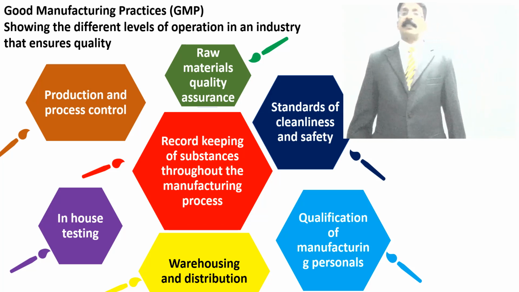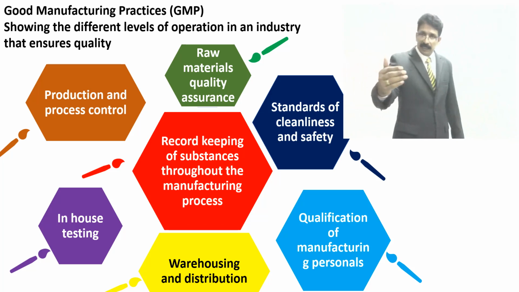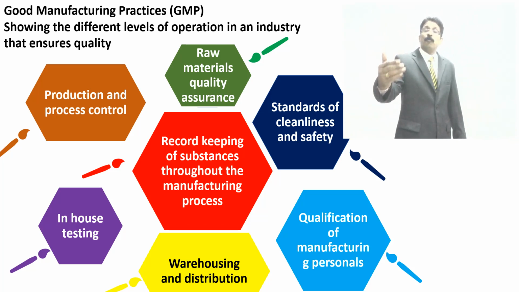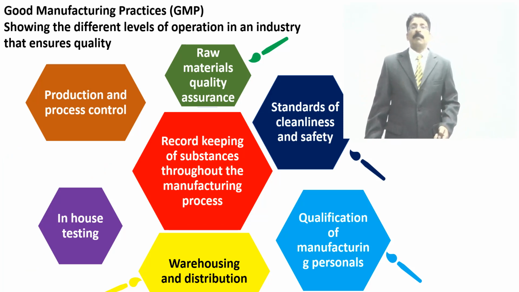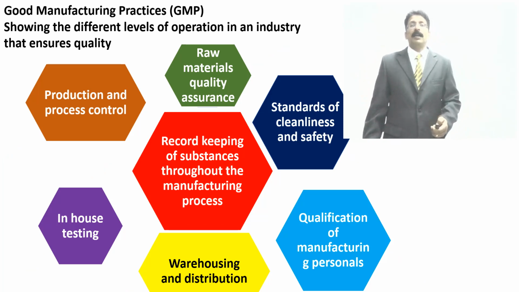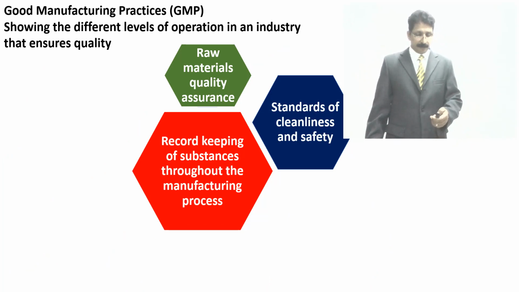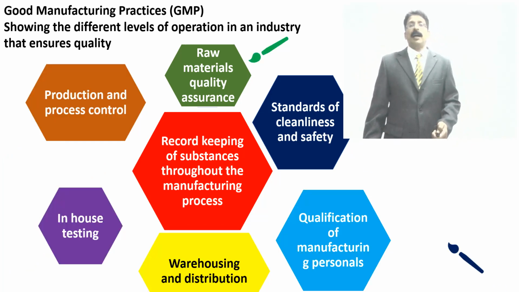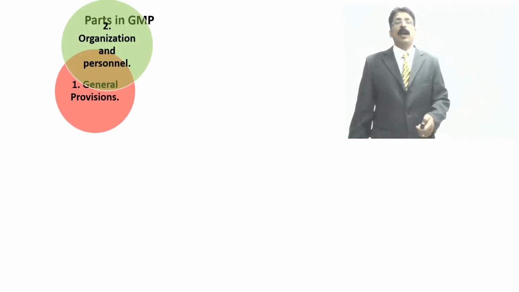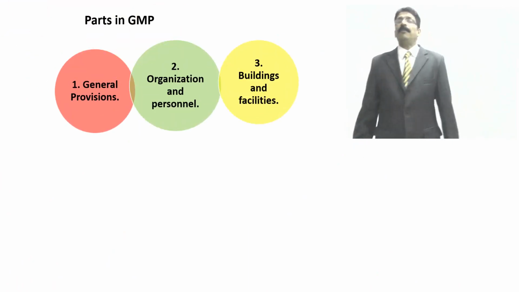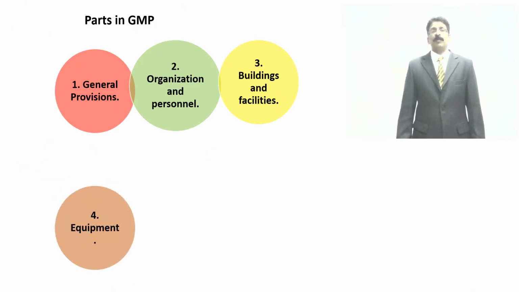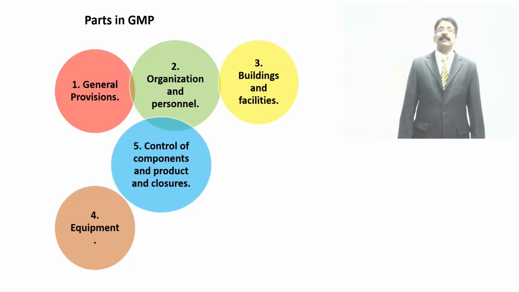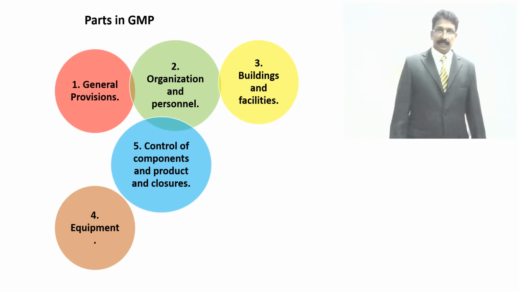So in the next class, we will continue from the fourth point. After this slide, we have discussed 1, 2 and 3. Number 4, equipment, we will discuss tomorrow in the next class. Thank you for being with me.